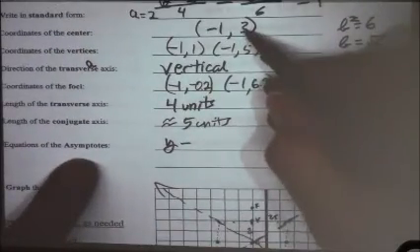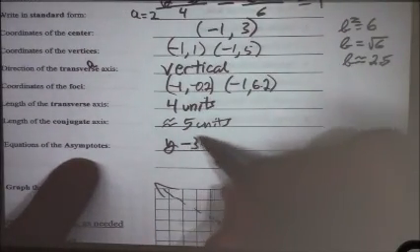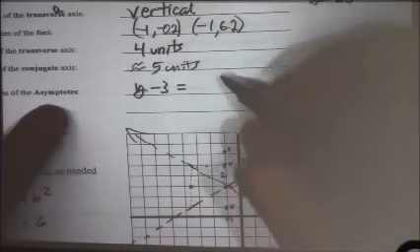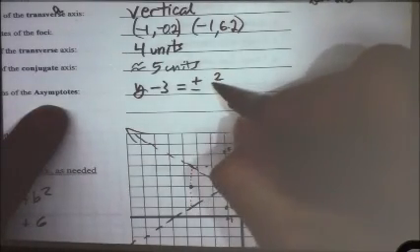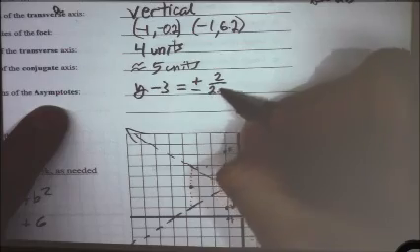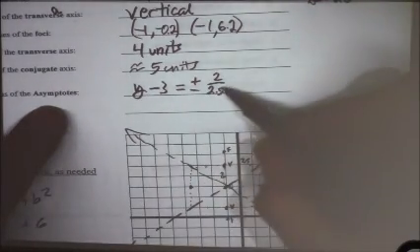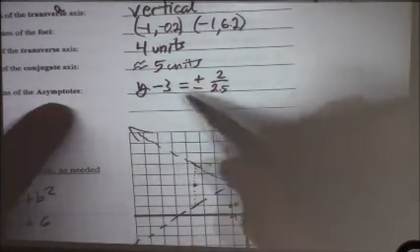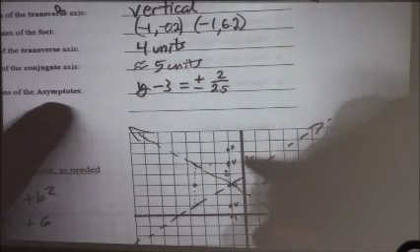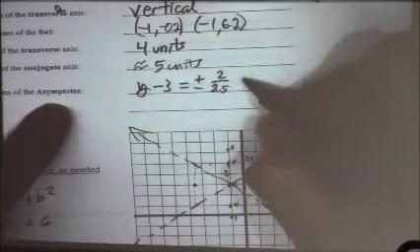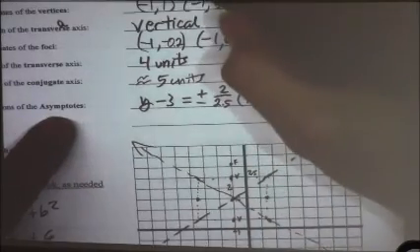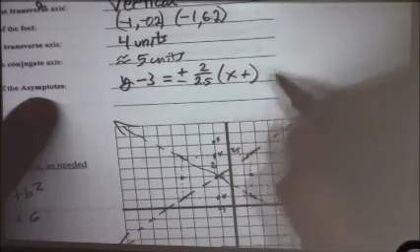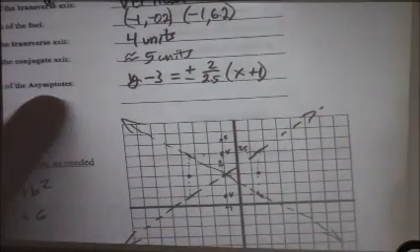Now it was plus 3, so it's minus 3 in point slope form, equals the slope plus or minus 2 over 2.5. We wouldn't normally write it that way, but it's okay in this situation because sometimes we get those kinds of numbers. And then we're going to do x plus 1 from the center.